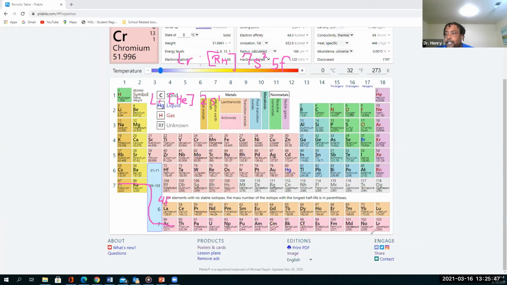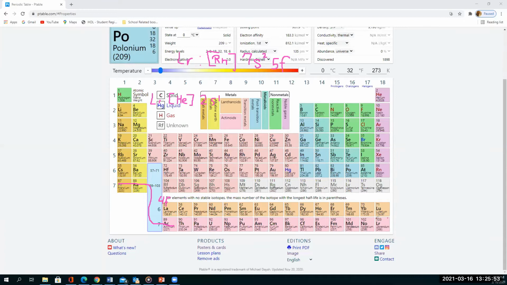And how many would be there to get to this point? Are there 15 in the f orbital? We've talked about this. No, there's 14. So 5f14, and then this guy here is really located in the d.